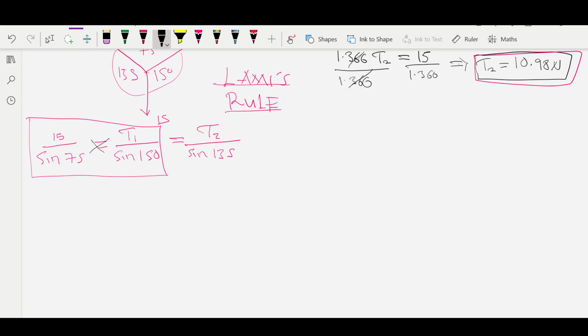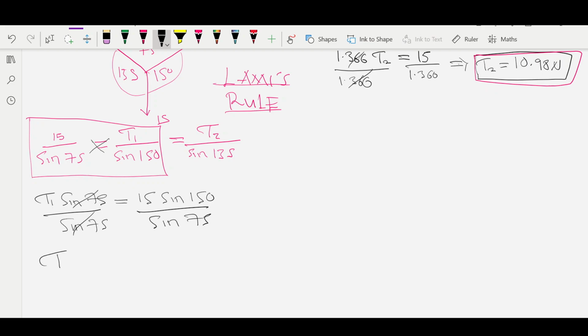So we cross multiply, we're going to have T1 sine 75 equals 15 sine 150, and then over sine 75, so this one and this one will go.